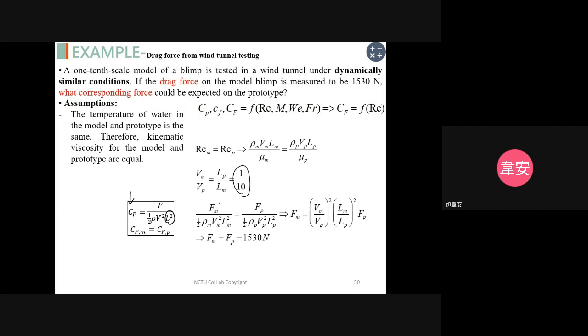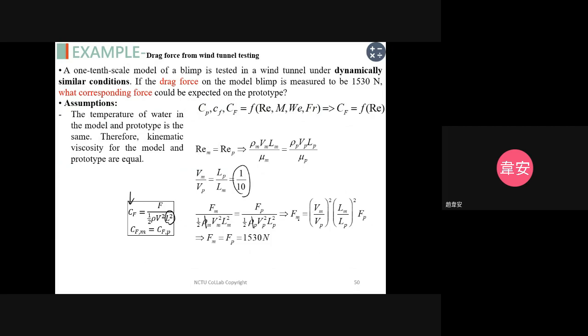Again, we make the balance equation for the force coefficients, and we cancel out constant values such as the densities in the model and the prototype. So we cancel out the rho and make the equation balance.